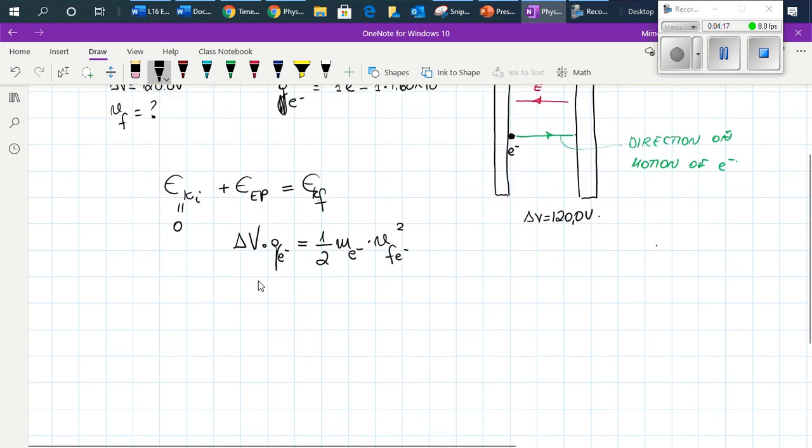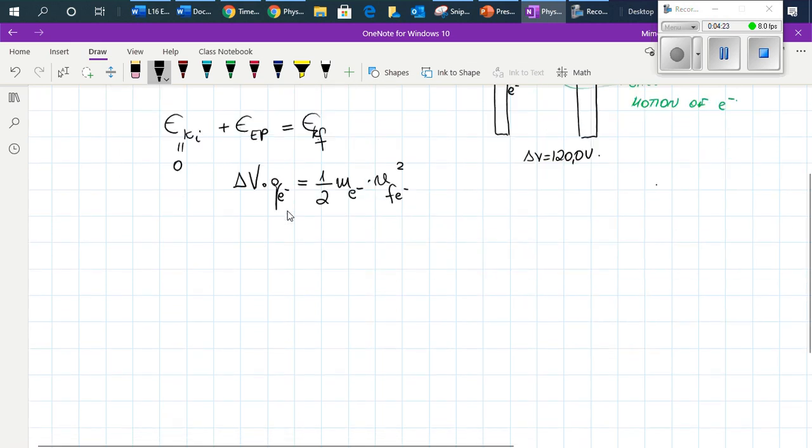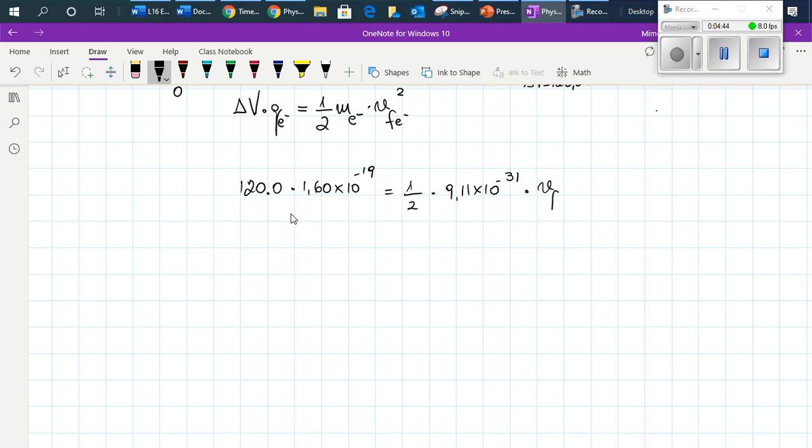So now if we substitute what was given here, the mass of the electron, the charge, and the voltage as well, we'll find that 120 times 1.60 times 10 to the power of negative 19 is equal to 1/2 times 9.11 times 10 to the power of negative 31 times V final of the electron to the power of 2.